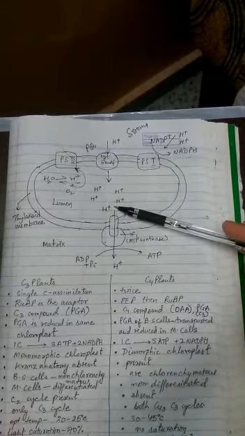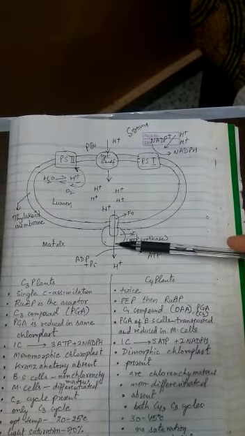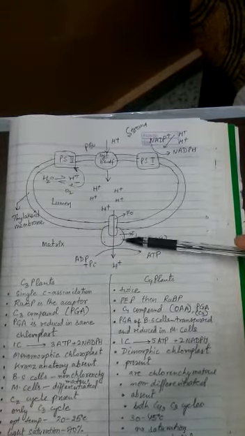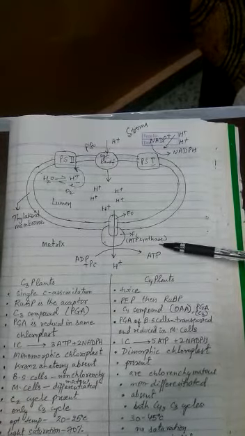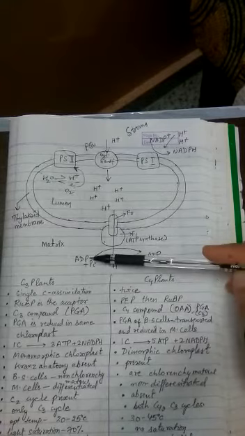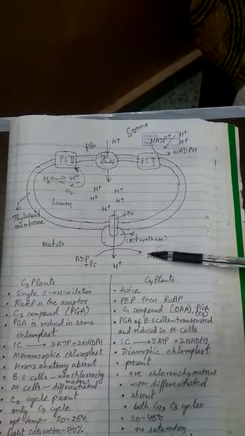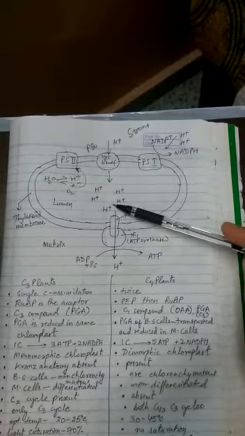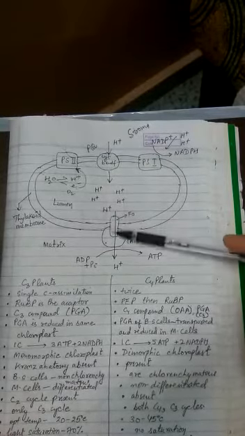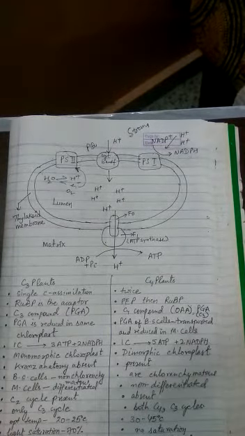As the hydrogen ions move across, this will liberate sufficient energy for the F1 particle, which is called ATP synthetase, ATP synthase or ATPase enzyme. This enzyme will join ADP with inorganic phosphate, and this will cause the formation of ATP. Every time 3 H plus move across, 1 ATP will be synthesized. So I hope this whole point is clear to you.